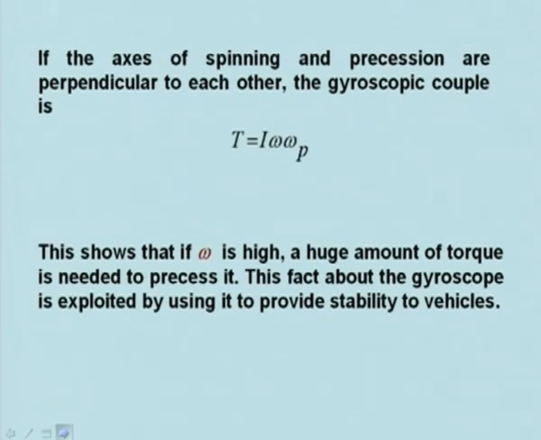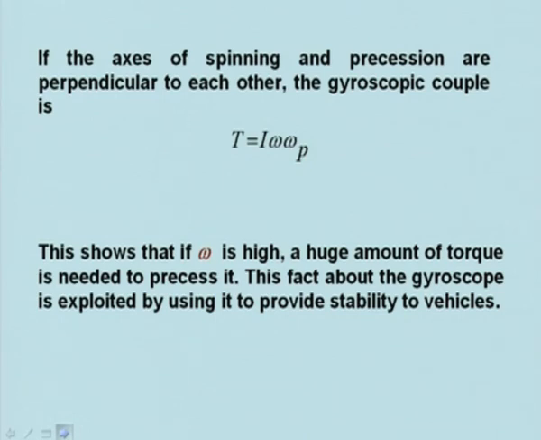If the axes of spinning and precession are perpendicular to each other, then the gyroscopic couple is T is equal to I omega into omega p, where omega is spin velocity and omega p is precession velocity.